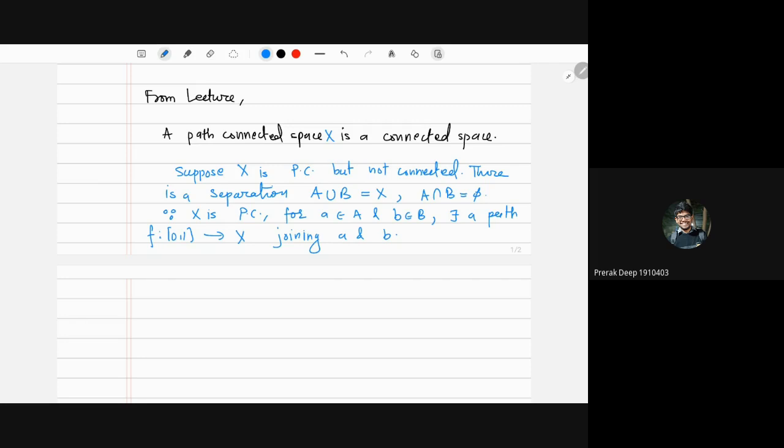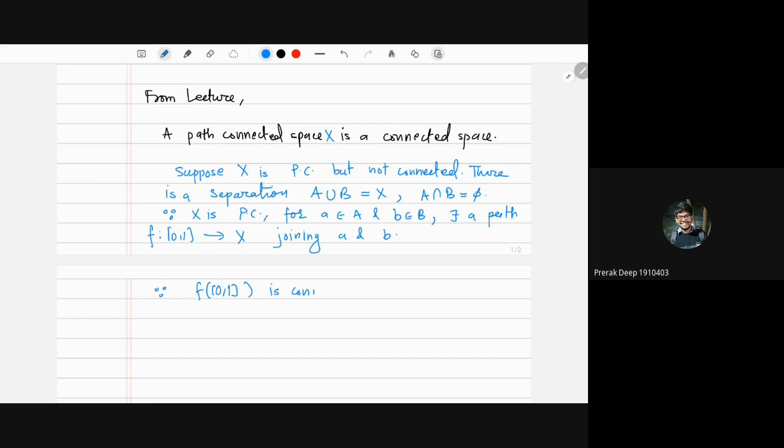Now the image of this path is connected.